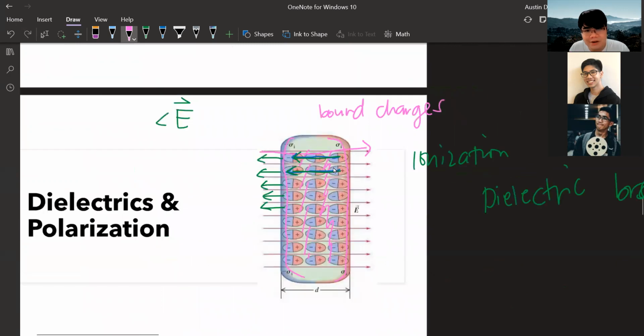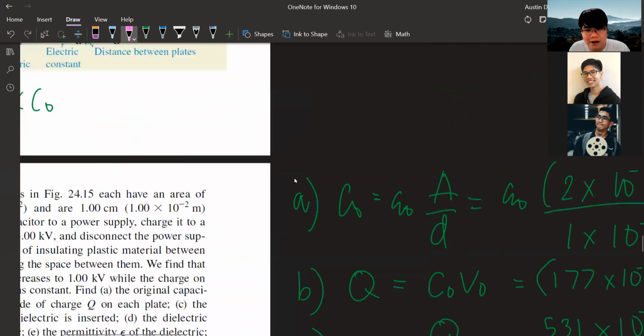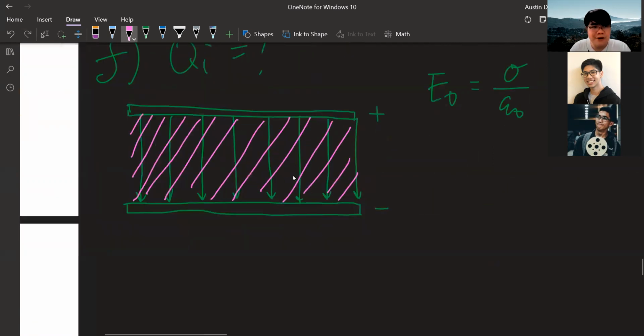So the positive charges inside that material will follow, and then the negative will oppose the direction of the electric field. So therefore, meron kang positive charges build up here, build up there, and then meron ka dito, minus.